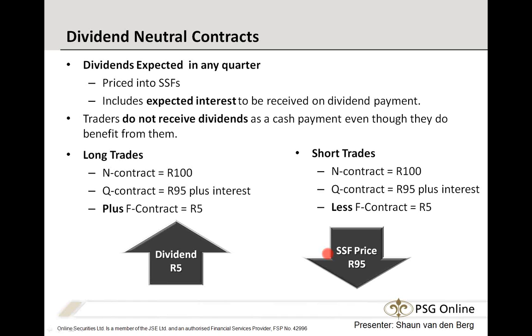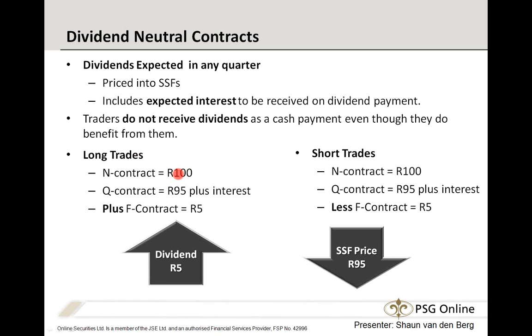So that also includes any interest that might be received on that dividend. Remember, they're holding the dividend for you. So when it comes to single stock futures, you do not actually receive the dividend. This is the big difference between single stock futures and CFDs. Okay, so we talk about an example contract, and the example contract, for example, has made up 100 Rand.